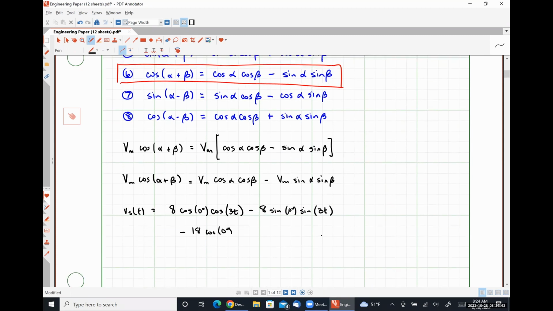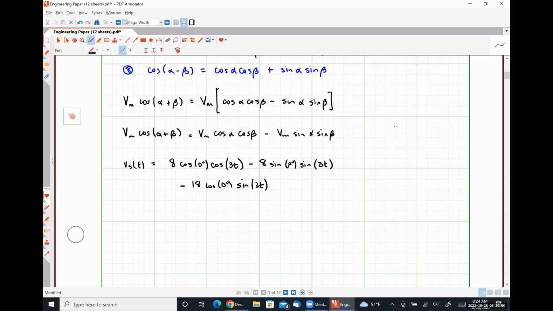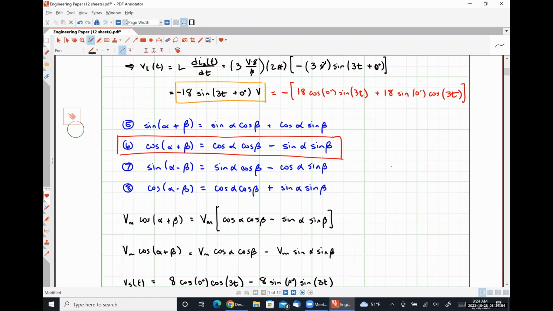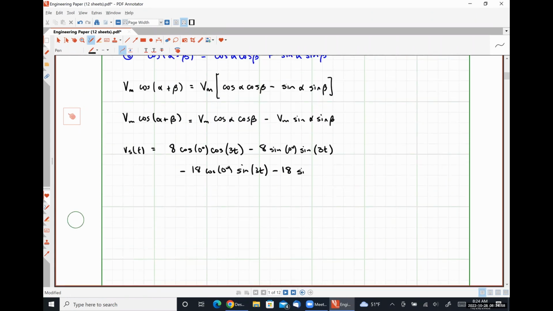I feel like this is about to give me the exact same result I would have had if I had done none of this, and I'm going to feel like a rascally goofball for doing it, but it'll be okay. And then minus 18 sine 0 degrees cosine 3t.